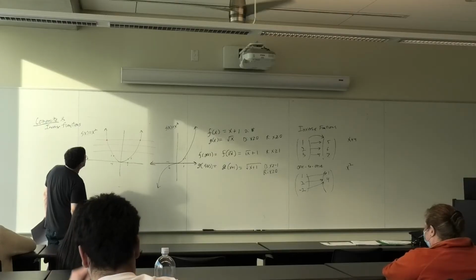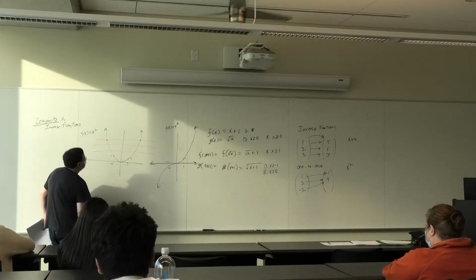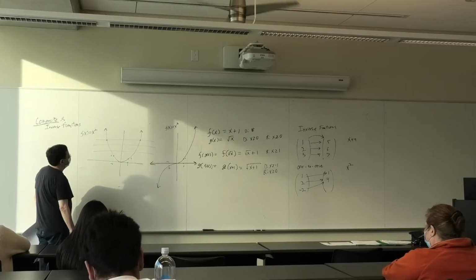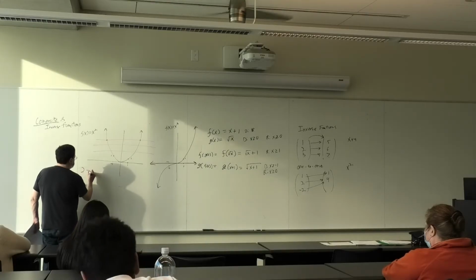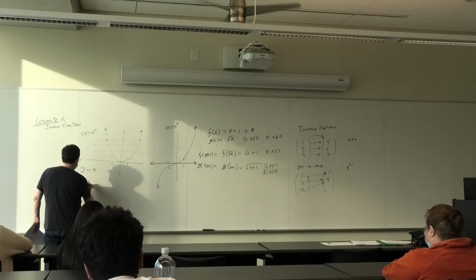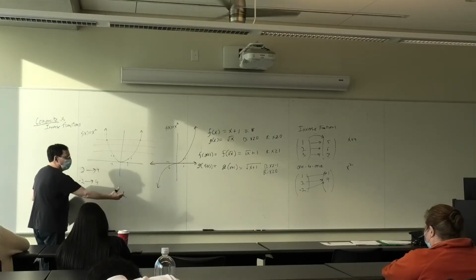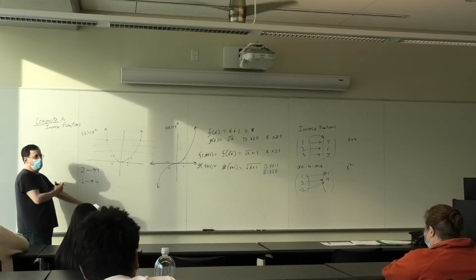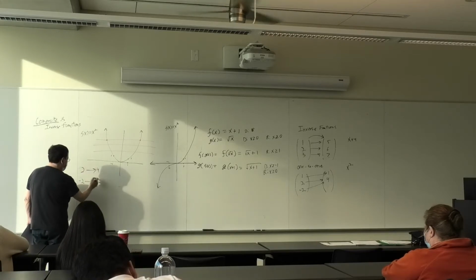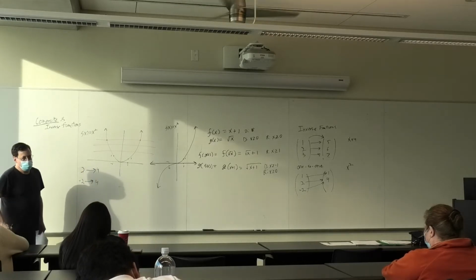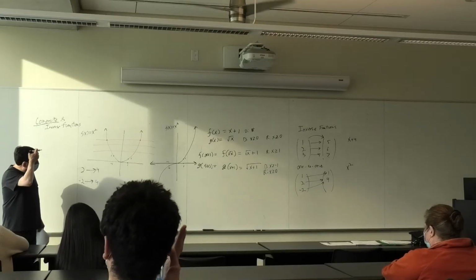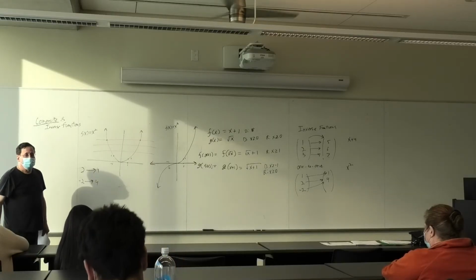Have to think straight here before I talk. My function: 2 goes to 4, or -2 goes to 4. So if I have a function that goes backwards, 4 goes to 2 and it goes to -2. Oh, that's not going to work. That's not a function.